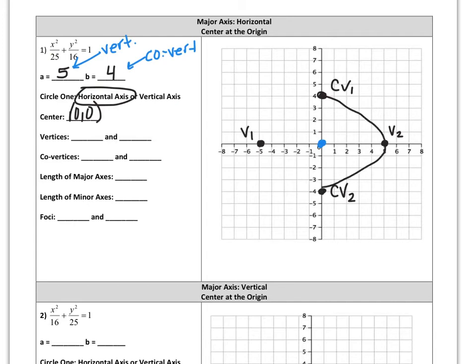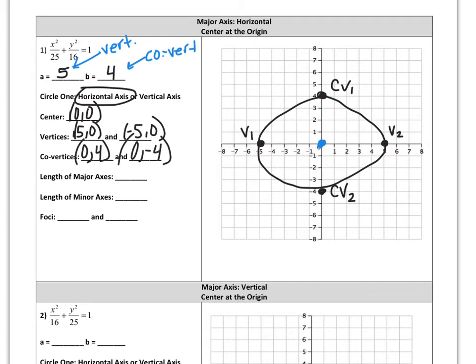Nothing other than this. That's it. So what are the vertice ordered pairs? So we've got 5, 0, and negative 5, 0. My co-vertices are these points here, which are 0, 4, and 0, negative 4.